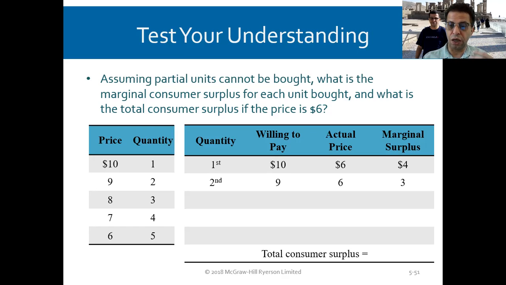The price doesn't change, it's only $6. So you're happier by a marginal surplus of 3, and it goes on until your marginal surplus becomes zero, because you're willing to pay $6. You add the marginal surpluses and the total is the total consumer surplus, which is for 10 units.